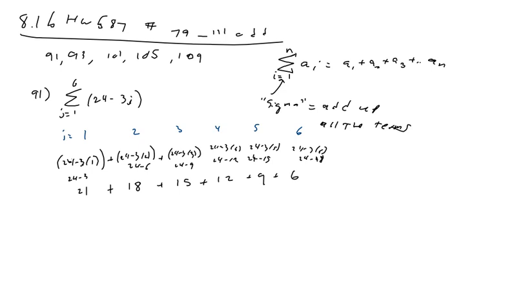So 21 plus 18 plus 15 plus 12 plus 9 plus 6. I'm adding up all these numbers together, and that's going to be 81. And that's it. That's how we do these problems.